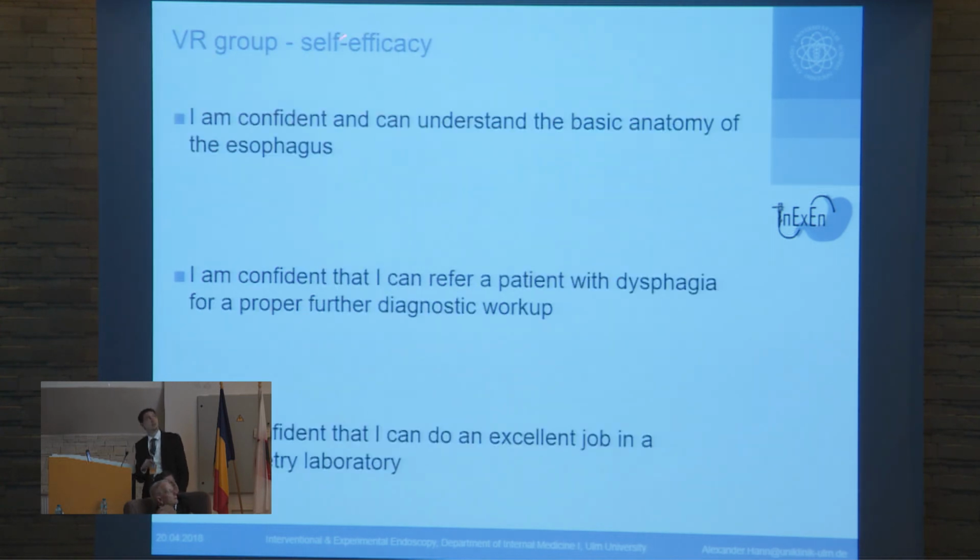We also had a lot of secondary endpoints like self-efficacy. For example, I feel confident that I can understand the basic concepts of anatomy of the esophagus or physiology of the esophagus, or that I can refer a patient with dysphagia for further workup.